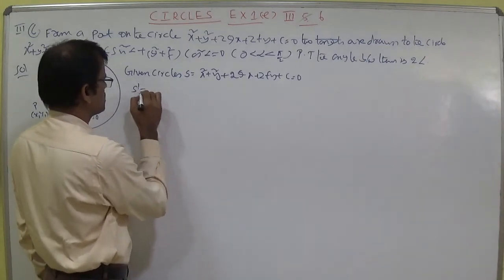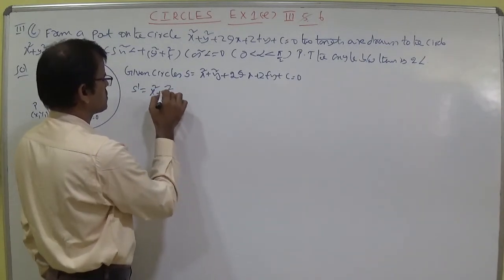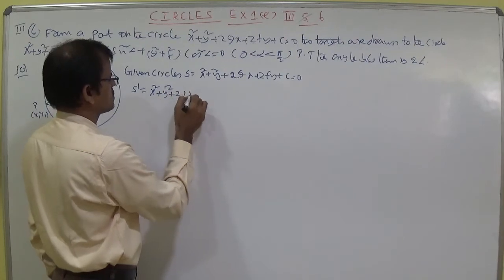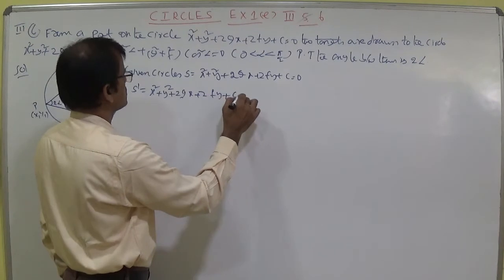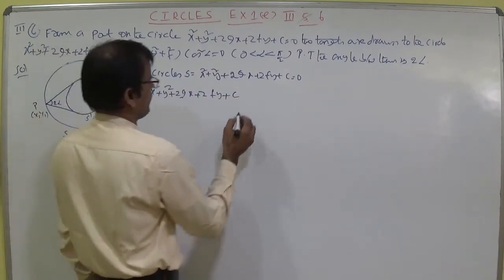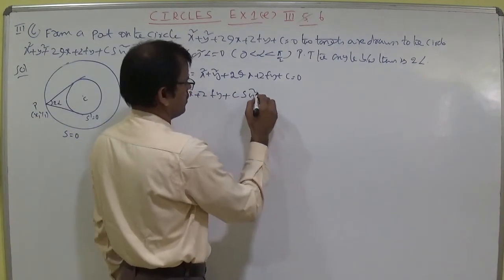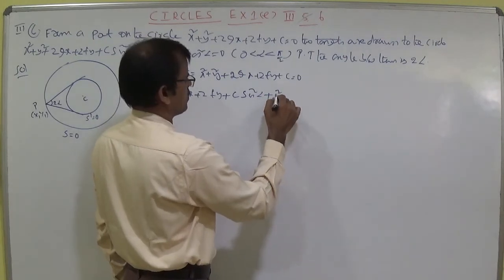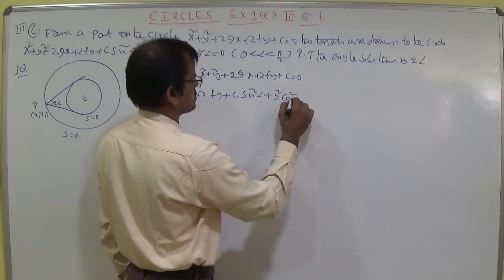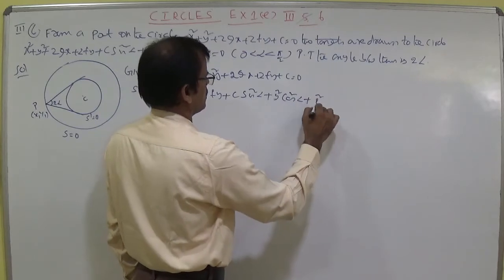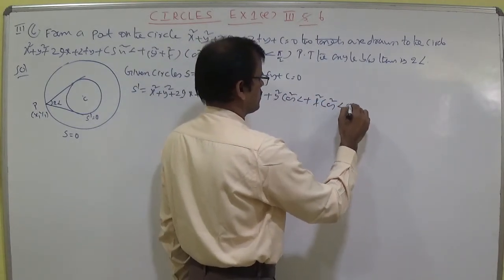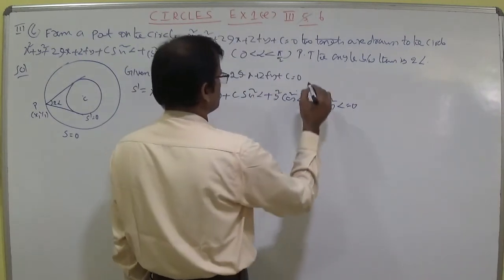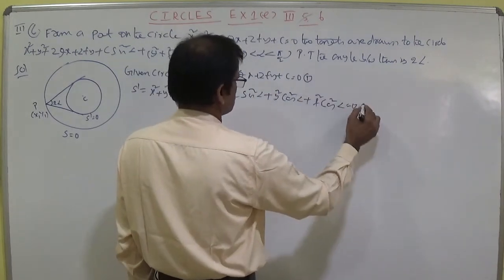S dash is equal to x square plus y square plus 2gx plus 2fy plus c sin square alpha plus g square cos square alpha plus f square cos square alpha equal to 0. Put here, this is 1 and this is 2.